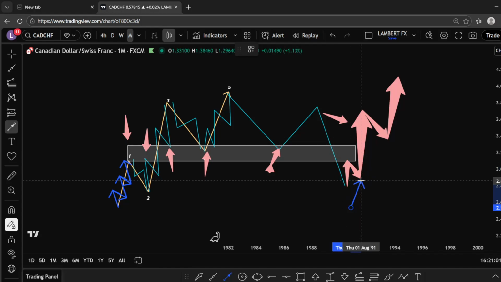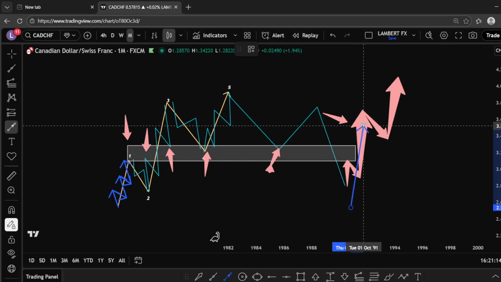So remember, if you watch my previous video, I said to you, when they come up impulsively, aggressively, fast, by the time you realize, you're out of them, they've taken you out. Yeah. So that's the third leg. The third leg is the longest and is the most aggressive leg.